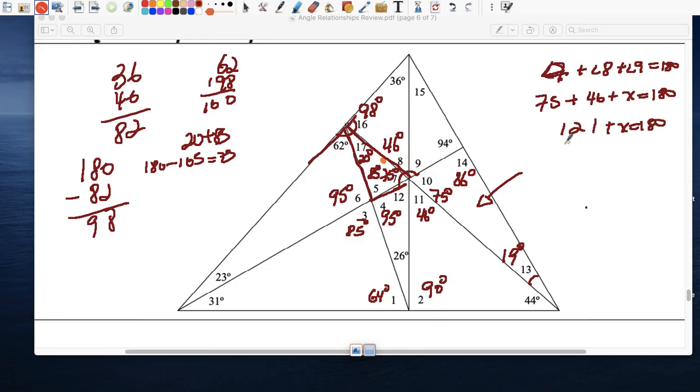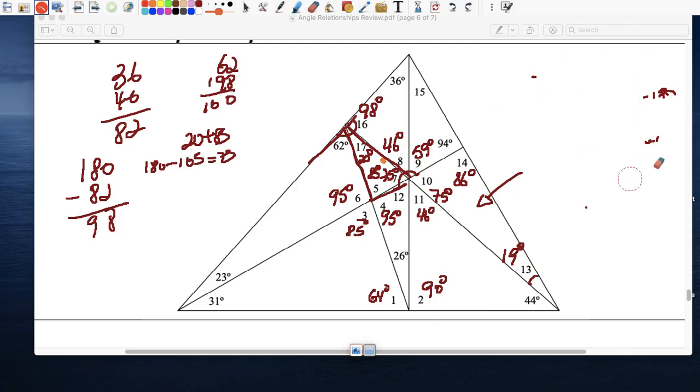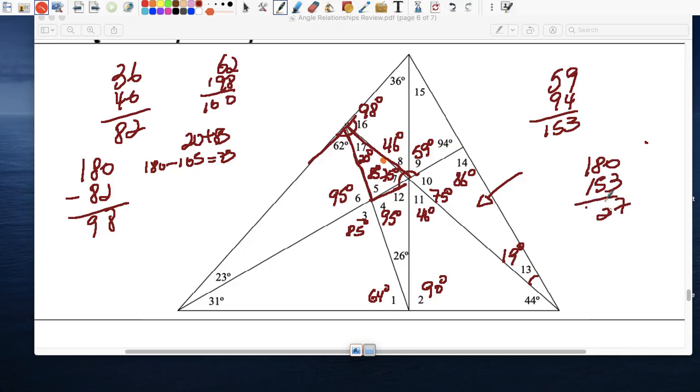We're going to subtract 121 from both sides. x equals 59. So angle 9 is 59. Much better. And then finally, angle 15 is the sum of 59 plus 94, and I'm going to subtract that from 180, which makes angle 15 27 degrees.